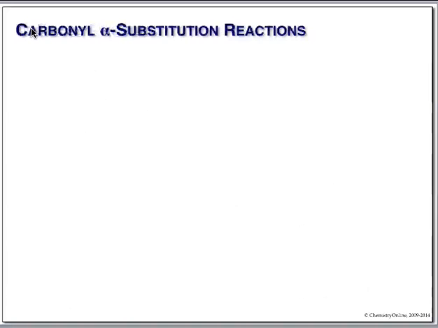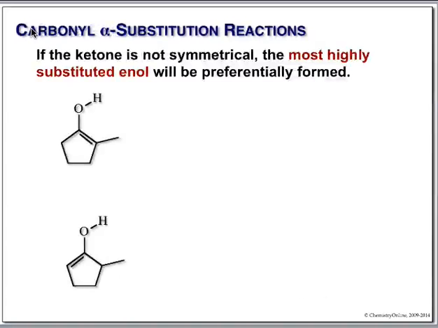Think way, way back to when we were doing elimination reactions. We have 2 possible enols that we could write, one for each alpha carbon, right? Remember Zaitsev's rule? Sure you do.